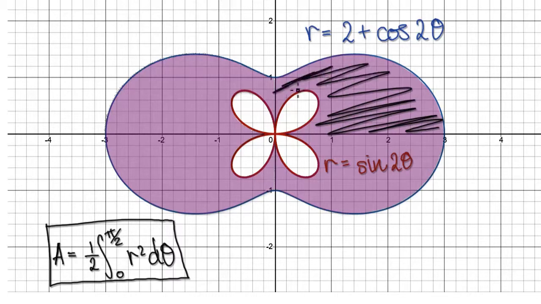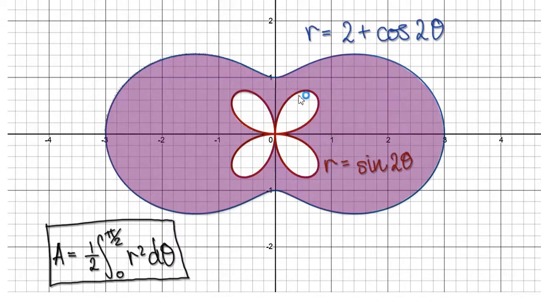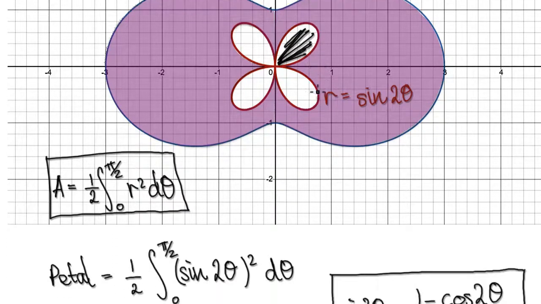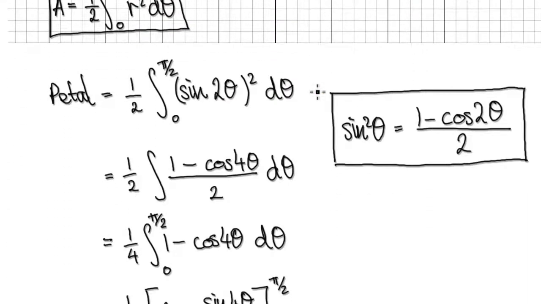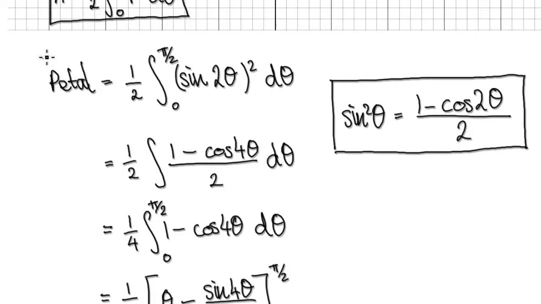In one of the early videos, we've worked out the area of one petal. The area of one petal is given by this. So the area of one petal is us integrating it from 0 to pi over 2.